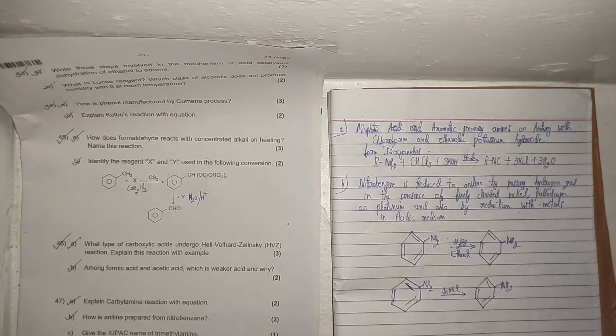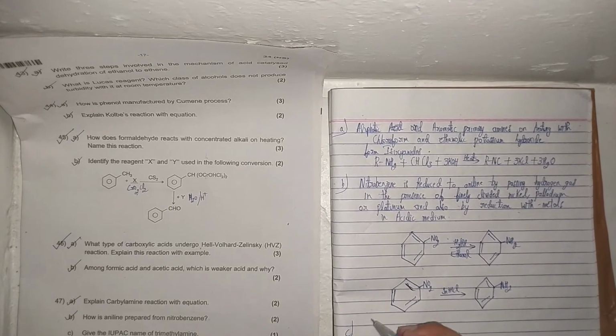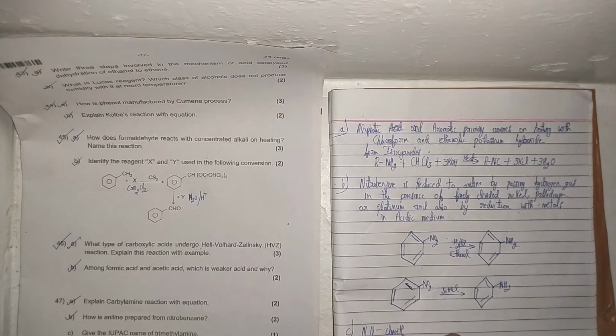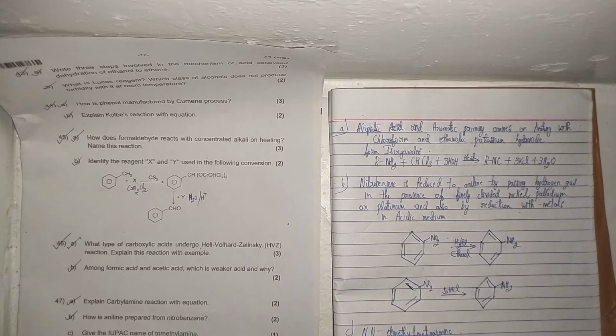The IUPAC name is N,N-dimethylmethanamide. Sub question C is done. So question number 47 is done.